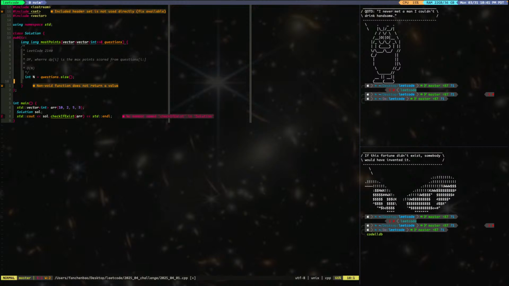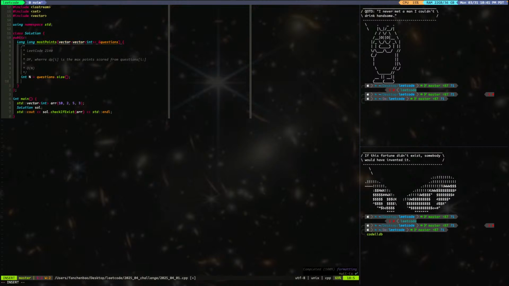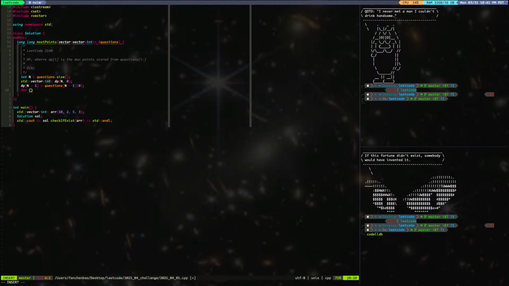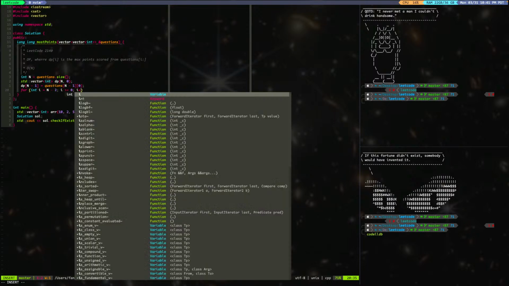Alright, so int dp of size n, everybody is 0, and then dp[n-1] shall equal questions[n-1][0], right? Now for int i equal to n minus 2, i larger or equal to 0, and i plus plus.